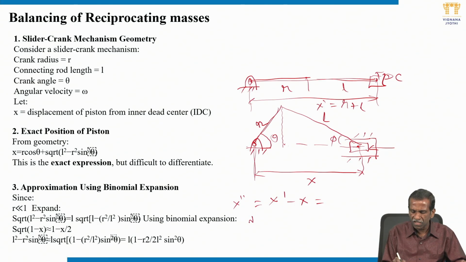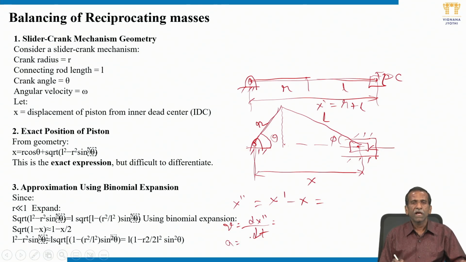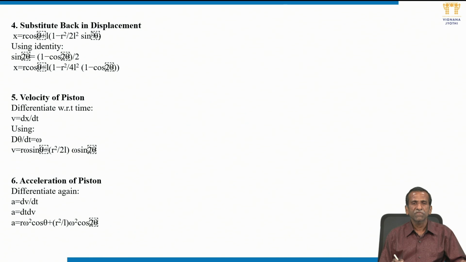We can differentiate this displacement with respect to time to get the velocity of the piston, and again differentiate, dv by dt, to get the acceleration, as we have seen in the previous lecture.